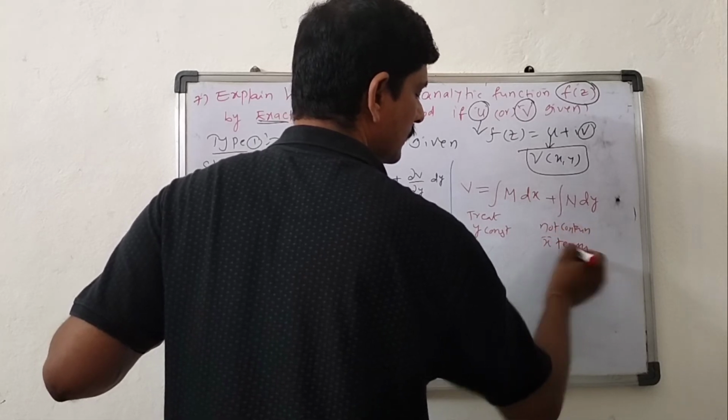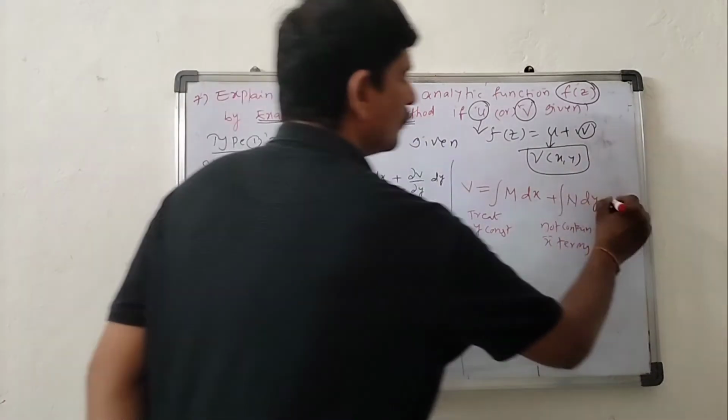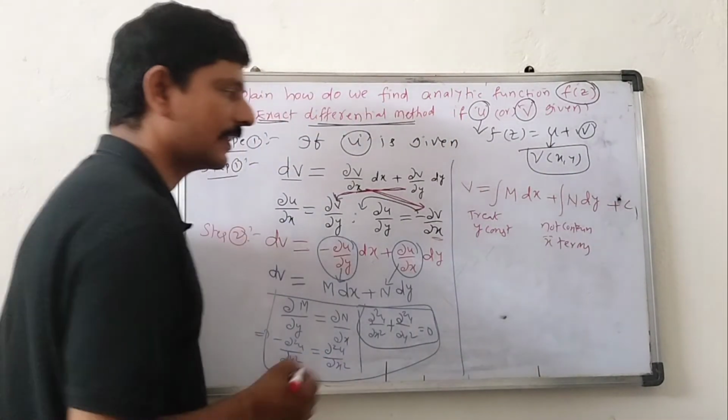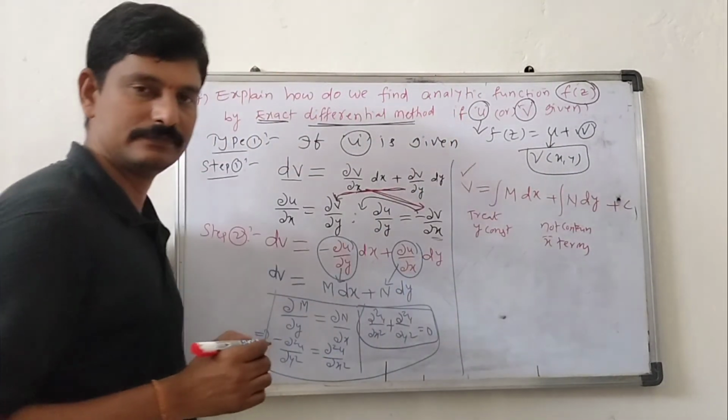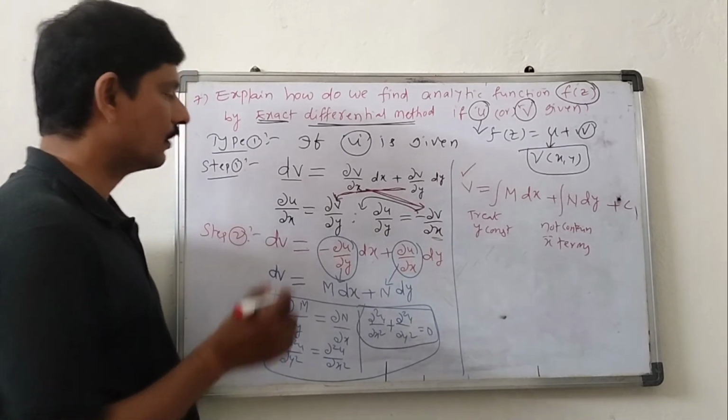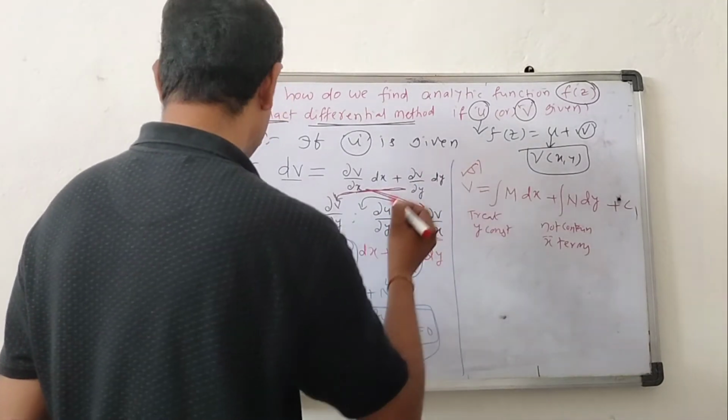So this is the formula. Since we are doing the integration, we have to add a constant. In this way we can find v. So this is step number 3.